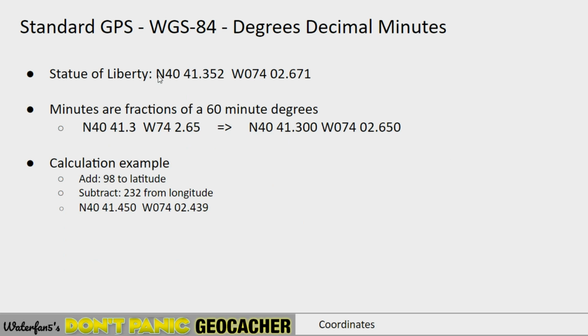Now if we go and look further, for example this is again the Statue of Liberty, then we know that the minutes are a fraction, 60-minute parts of a degree within a degree, right? So that means that if it's, for example, written like this, it actually is the same as this, because 2.65 is the fraction, so 02.650 is the same number.